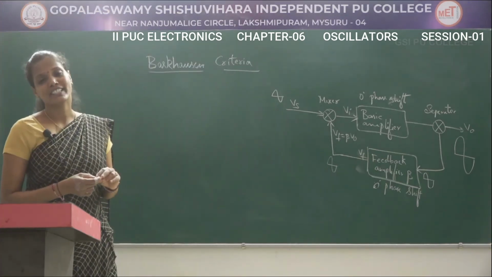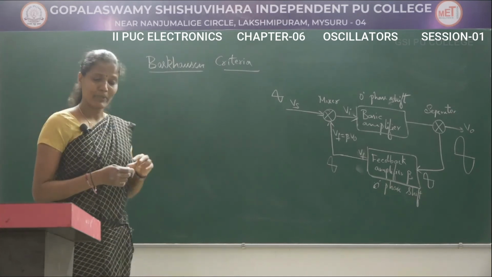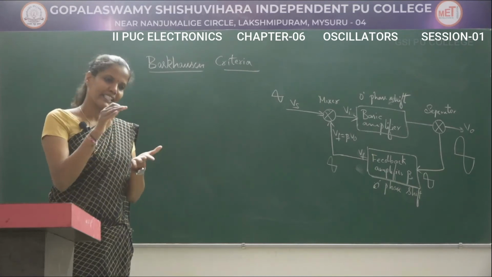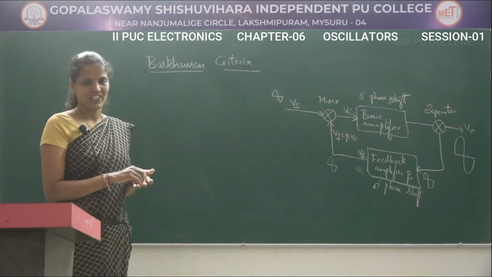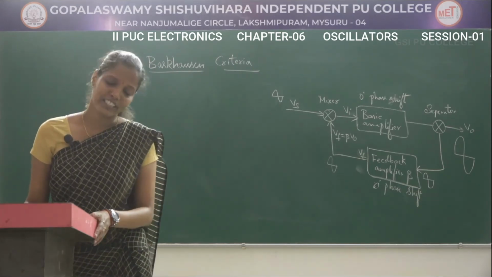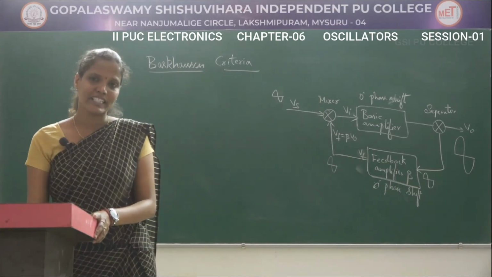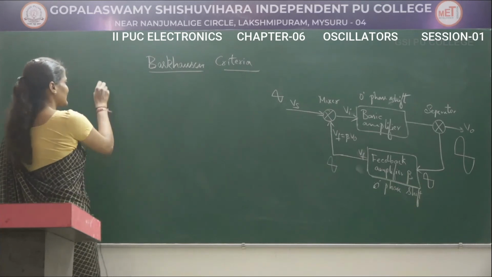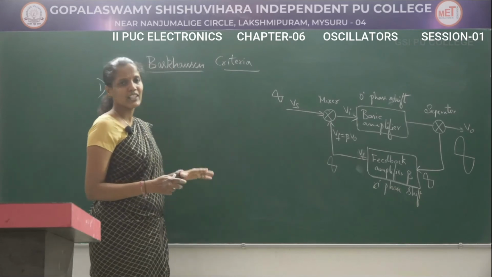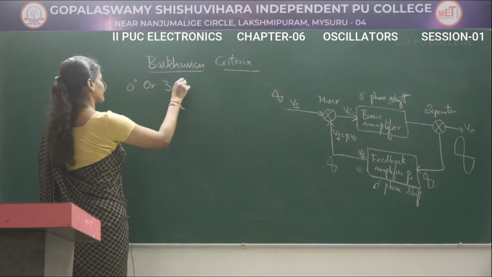So what is this Barkhausen's criteria? Barkhausen is a scientist who gave two criteria depending upon which we can generate sinusoidal signals or sustained oscillations. Generating a sustained oscillation or a harmonic oscillation is very, very important. So according to this Barkhausen's criteria, we have two criteria. The very first criterion is that the total phase shift of this oscillator should be 0 degree or 360 degree.